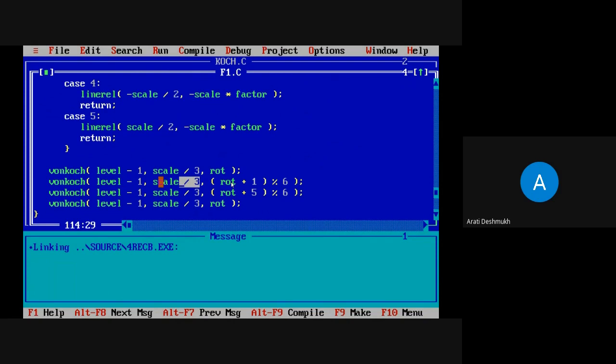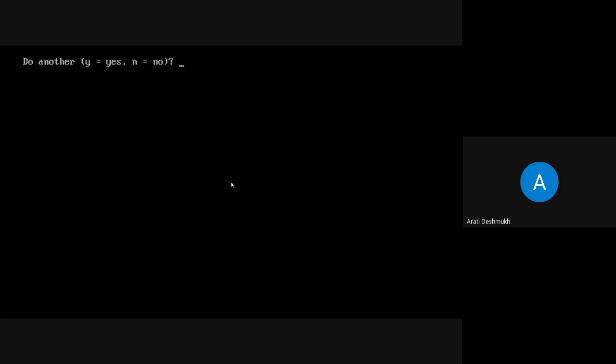Every time, one single line is divided into 3 equal parts, and then we form an equilateral triangle in between. For example, we run it with Control F and say yes. If we enter level 0, then it is only a straight line, with nothing else.